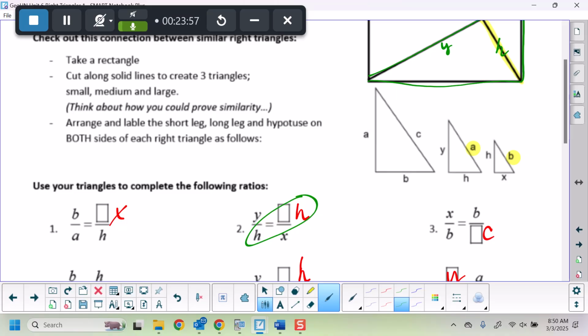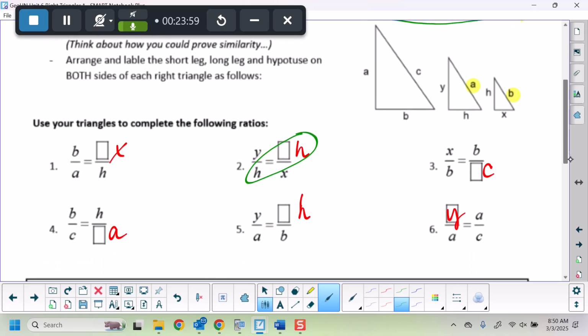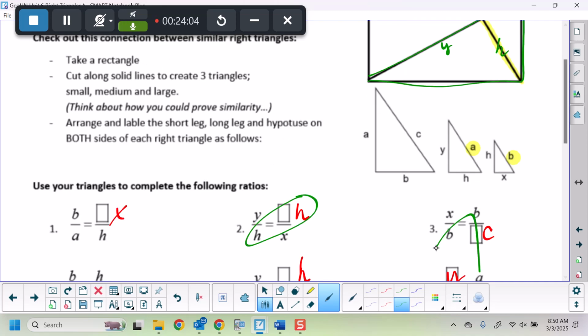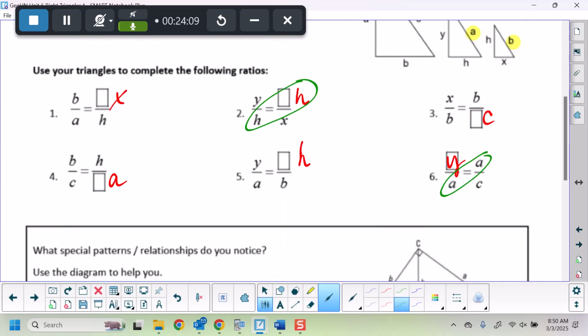Now we've got two other conversations where we can see some geometric means happening. I see a geometric mean story here where A and B are both in those geometric means. Both of them, A and B, if I look at where they are on the triangles, are the hypotenuse of the small and medium triangle and the legs of the large triangle. Make sure you can see this. Look at your triangles and make sure you understand what I'm talking about.